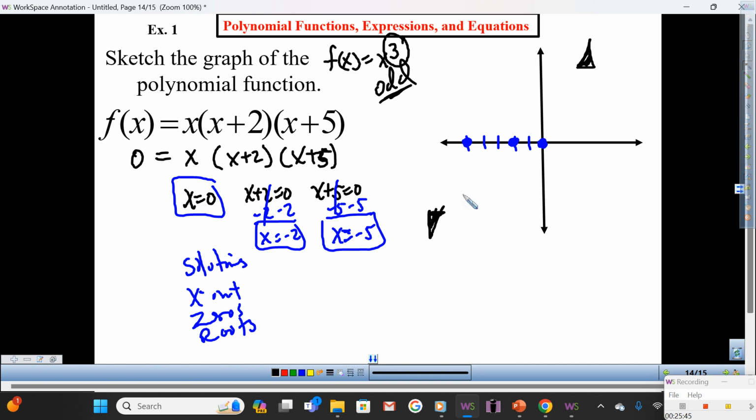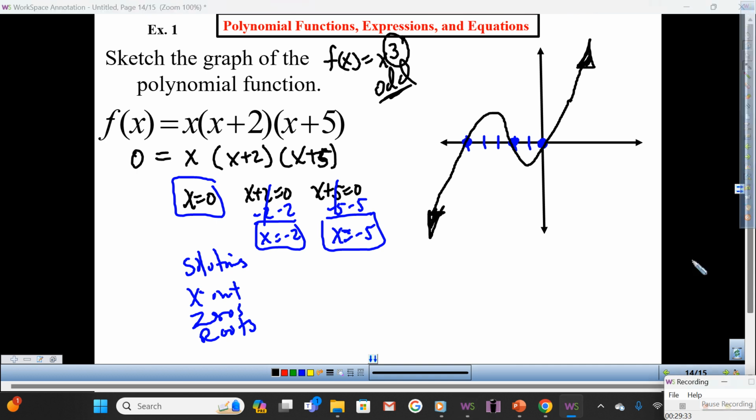All right, so I'm going to start at the arrow, look up. I go through the first point, bring it down to the second point, to the third point, look, and we're done. And that's how you graph your polynomial functions. Ooh-wee.